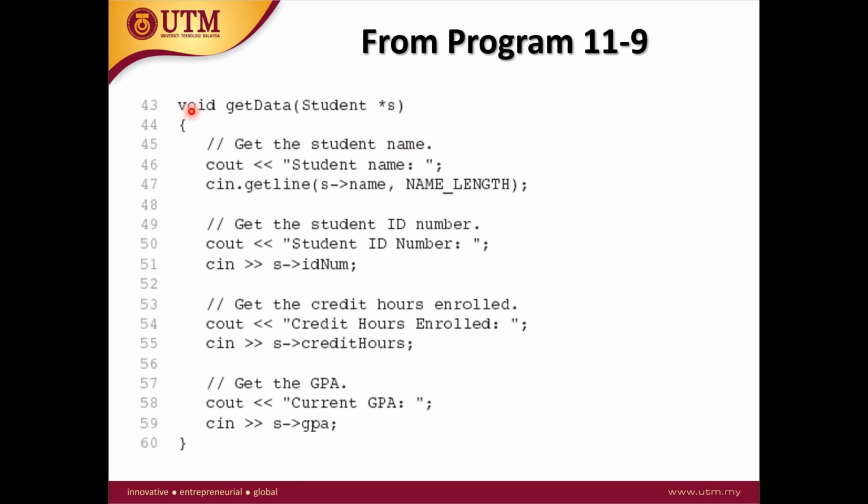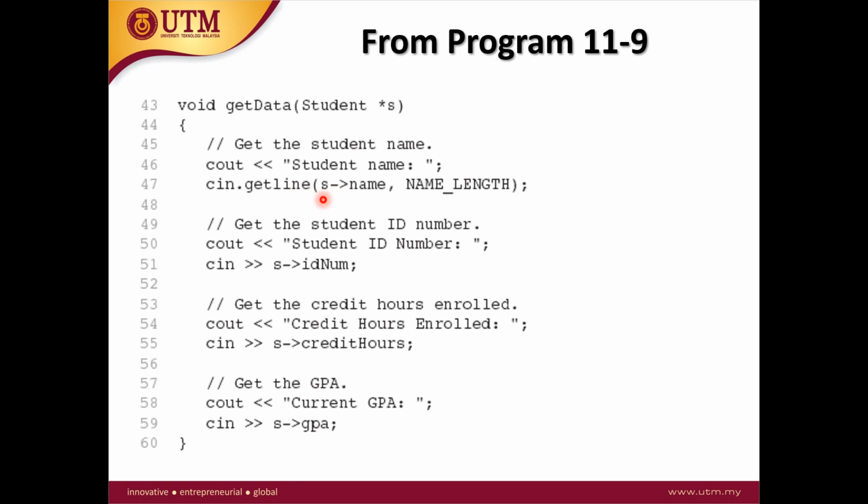So in this case, we are using void get data, the structure name, and the reference of the tag, and then we can say tag of name, get line. As we know, whenever you are using cin.getline, you need to write down the length as well.